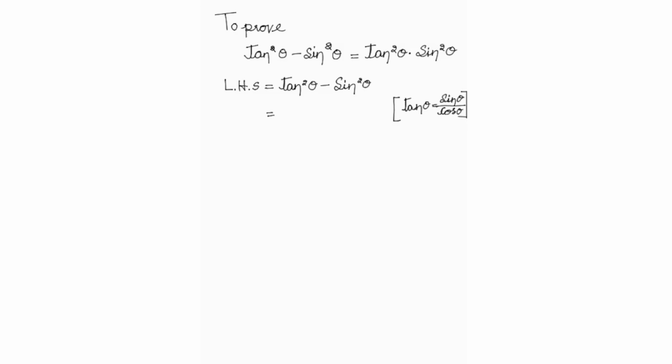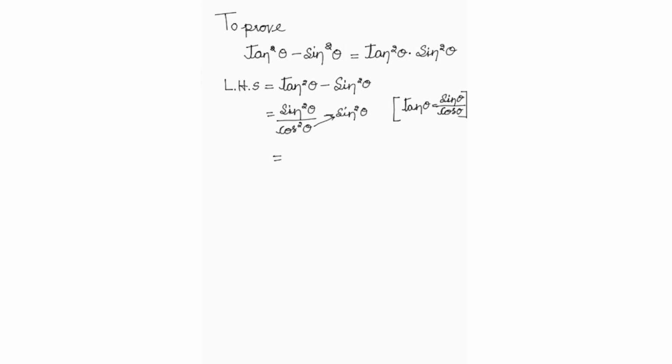In place of tan square theta, we will have sin square theta divided by cos square theta minus sin square theta. Okay, so now we want to have a common denominator. So for that we will have to cross multiply the cos square theta with sin square theta and keep it in numerator so that we can put a whole divided by cos square theta.